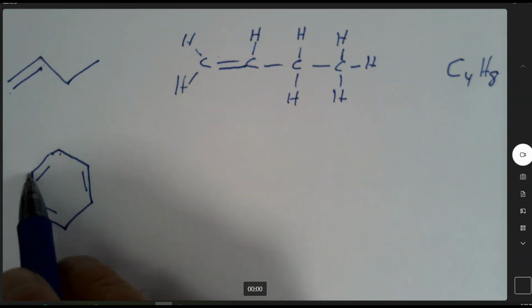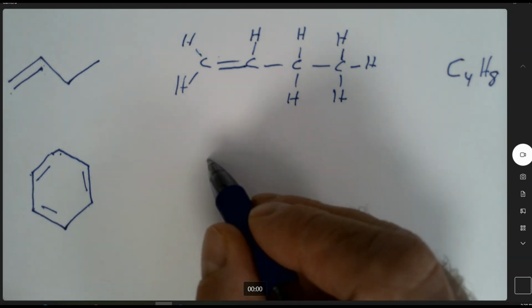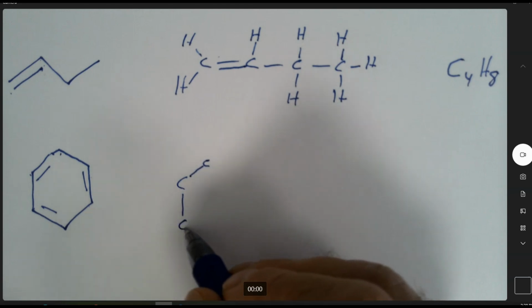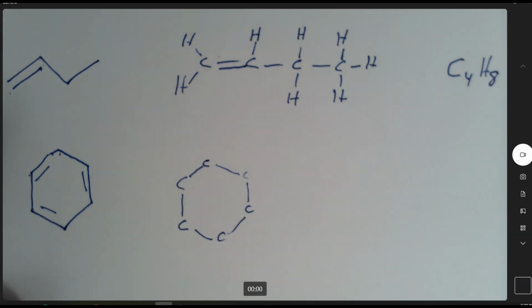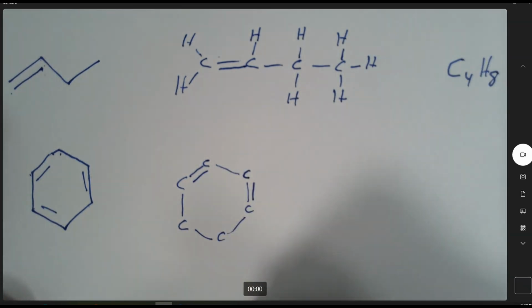So I see 1, 2, 3, 4, 5, 6 carbons connected in a ring. So far so good. And I see a double bond there, double bond there.